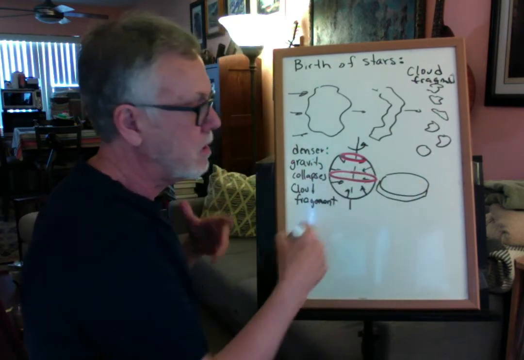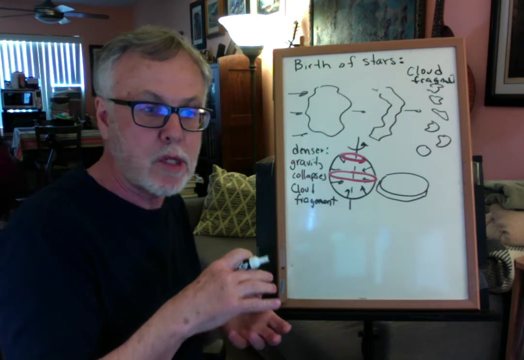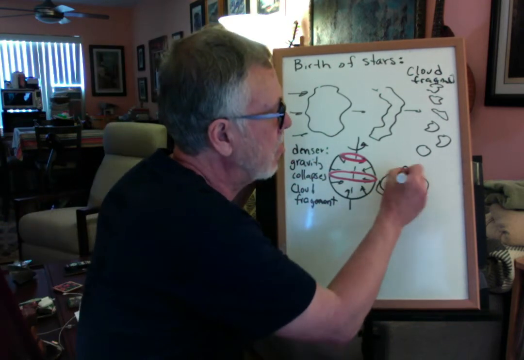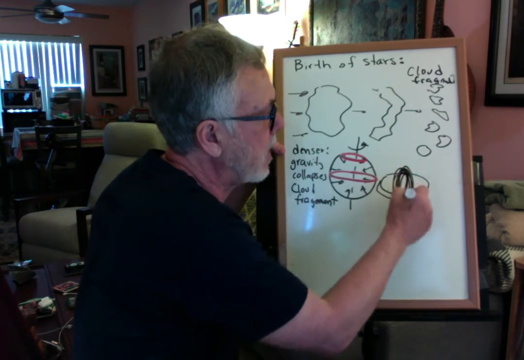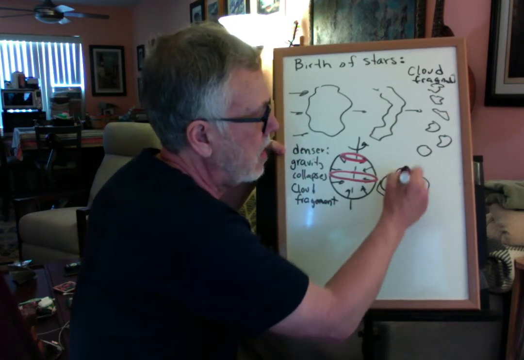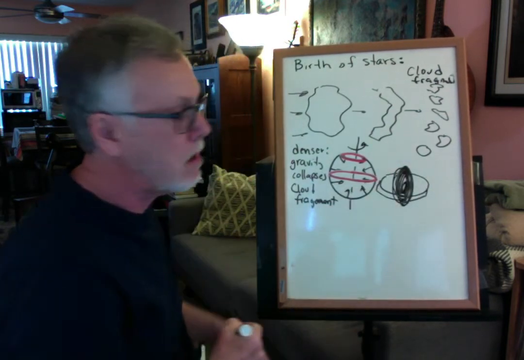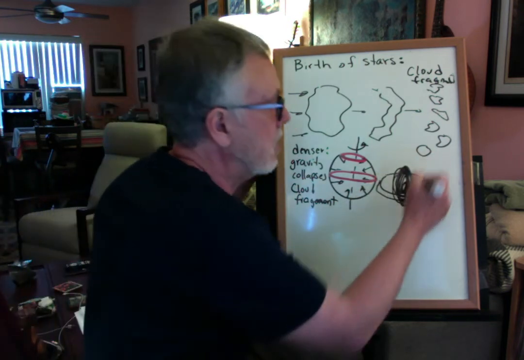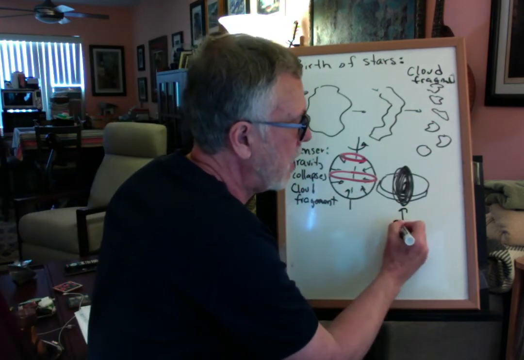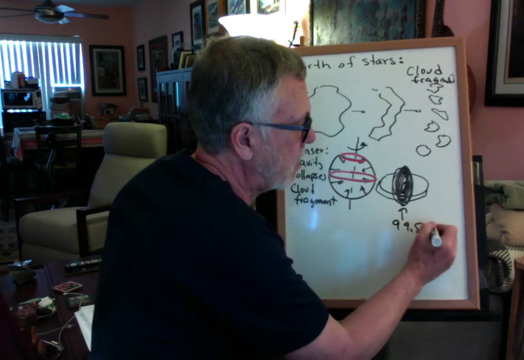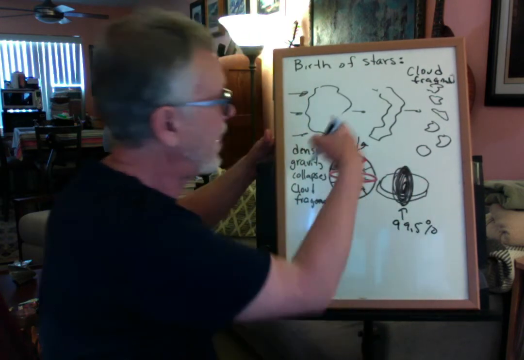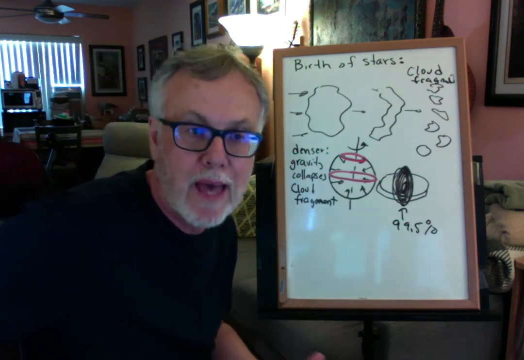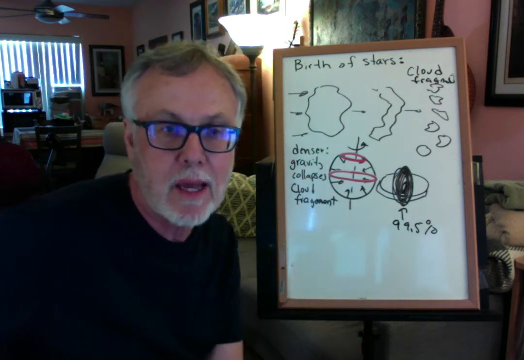But gravity still pulls most of the material toward the center. So the vast amount of the material falls right in the center. And that material right there basically is what will form the star. It has fallen in the center. And that could be 99.5% of all the material of that cloud fragment that falls into the central portion of that collapsing gas cloud.